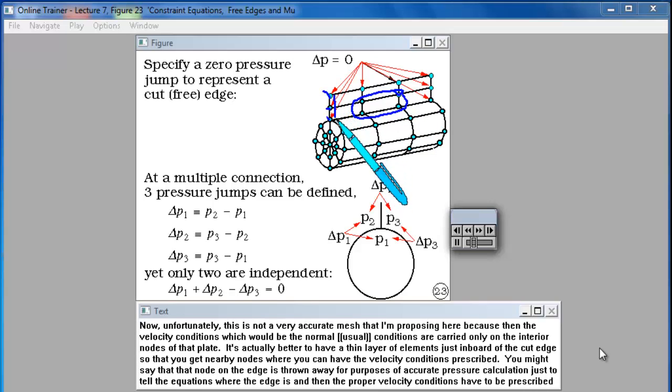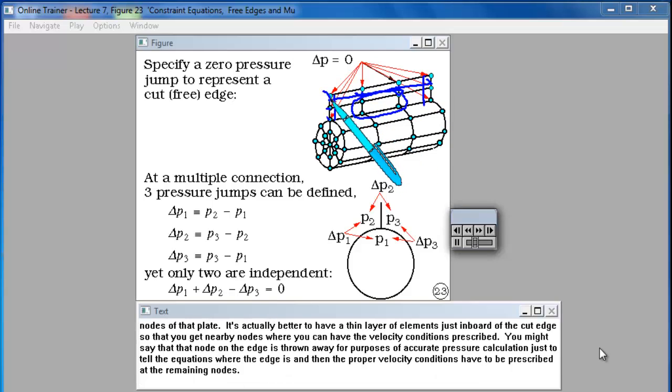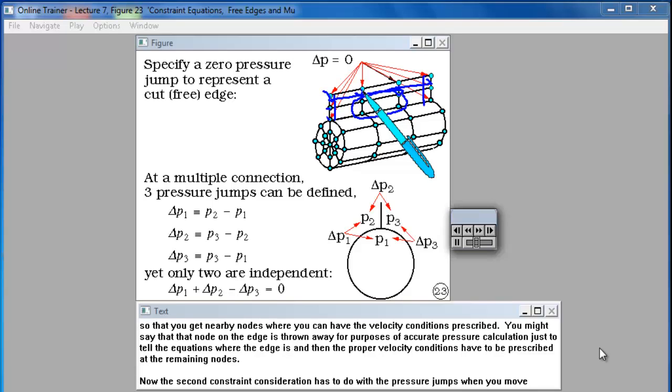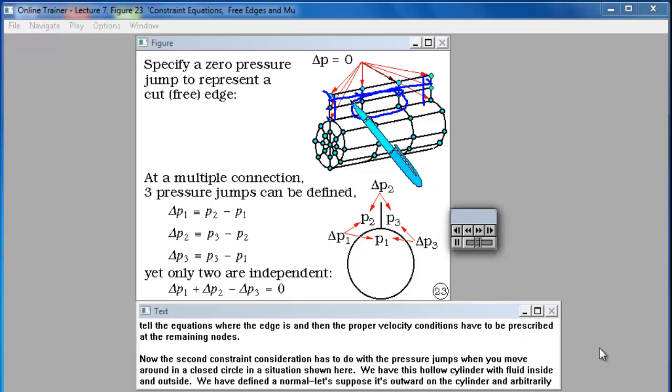It's actually better to have a thin layer of elements just inboard of the cut edge so that you get nearby nodes where you can have the velocity conditions prescribed. You might say that that node on the edge is thrown away for purposes of accurate pressure calculation, just to tell the equations where the edge is, and then the proper velocity conditions have to be prescribed at the remaining nodes.